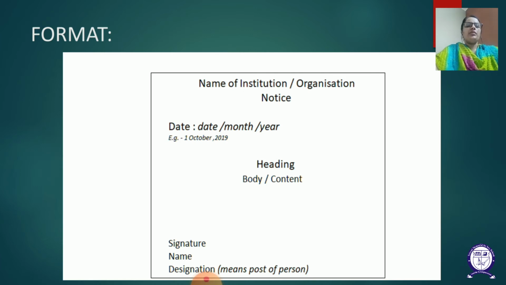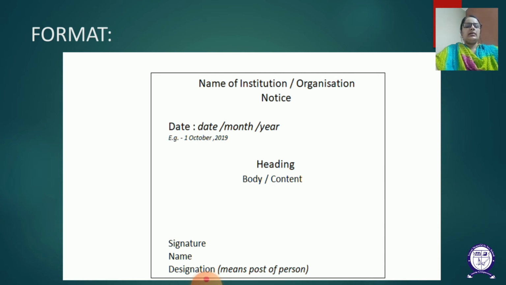The very first point while writing down the format of notice writing is the name of the institution or organization. In this, one thing you are also going to add is the place. After that, in the next line, in the middle, you have to write down "Notice".